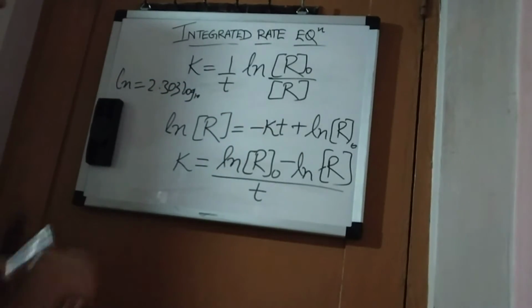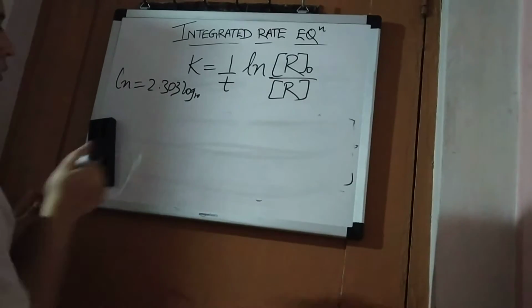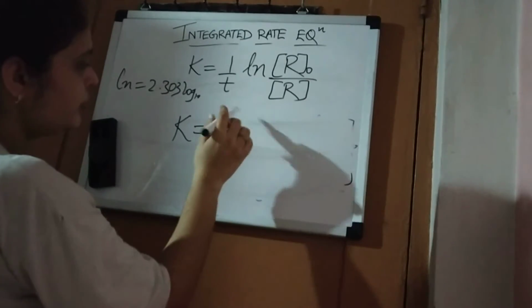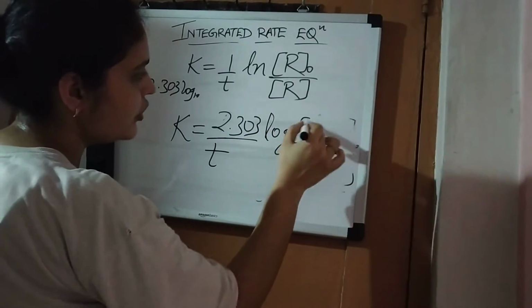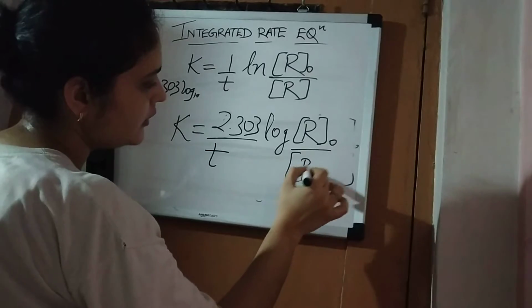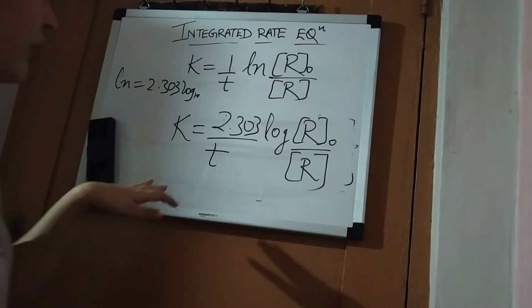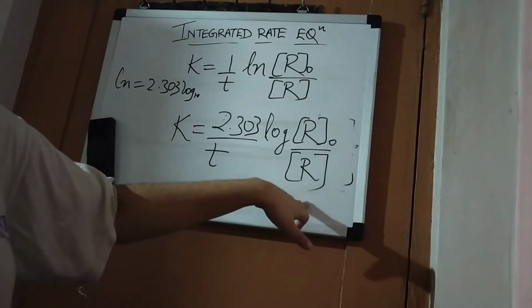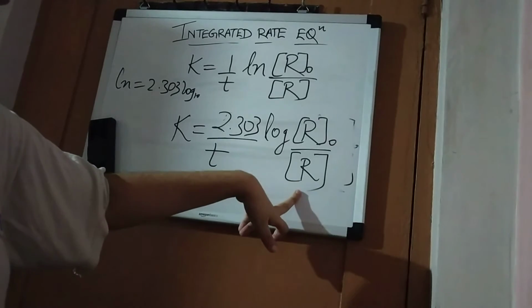So we can write k equals 1 by t, 2.303 log R naught upon R. If we draw a graph between time and log R naught upon R, time will be the x coordinate and log R naught upon R will be the y coordinate.